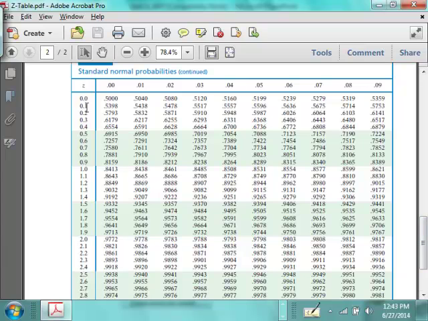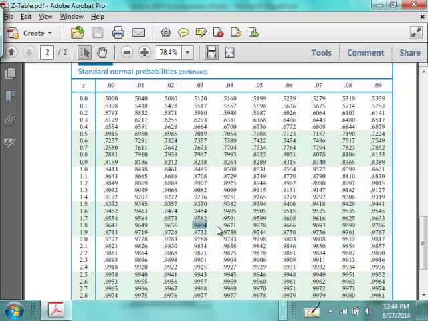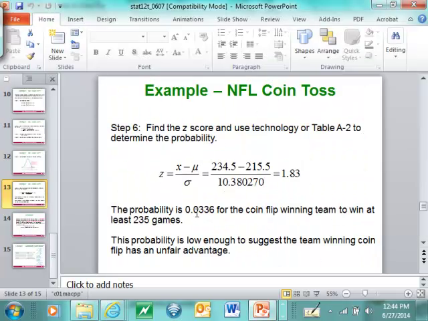So here z is equal to 1.8, and then we will move over to the 0.00, 0.01, 0.02, 0.03. So this number right here, the 0.9664, is the area under the curve to the left of 1.83. Well, 1 minus this 0.9664 will give us our probability, meaning the area under the curve to the right. And 1 minus 0.9664 is 0.0336.